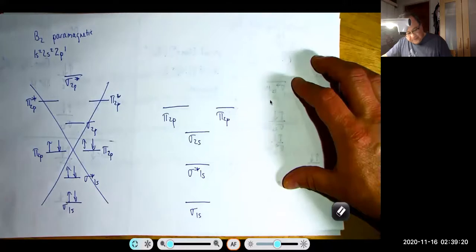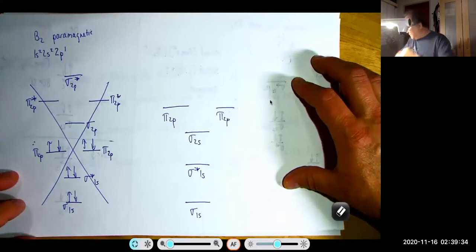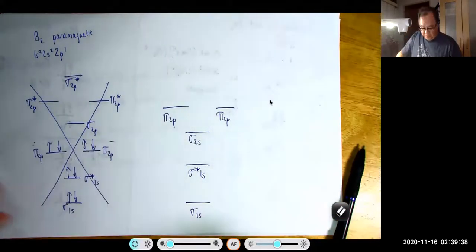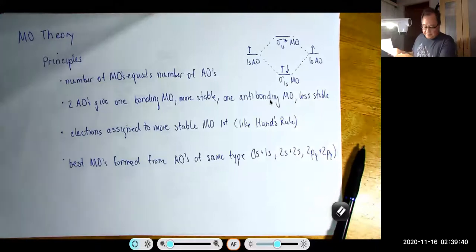Now this is right. I'm not sure what I goofed. Let me look it up in the book. Actually, let me look it up in my notes a little further because I have it right there.